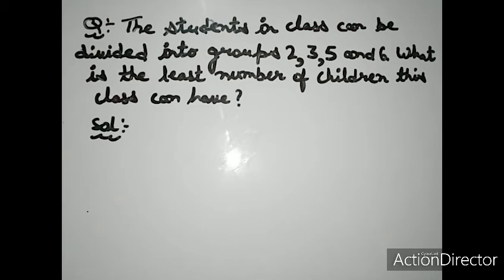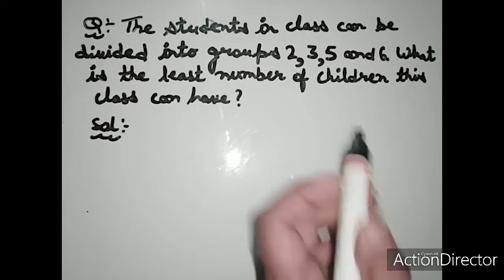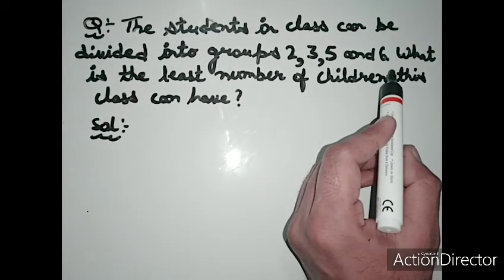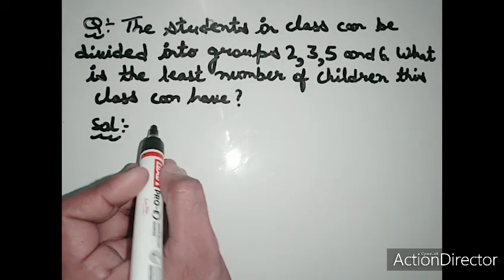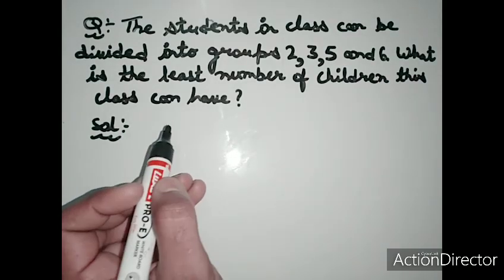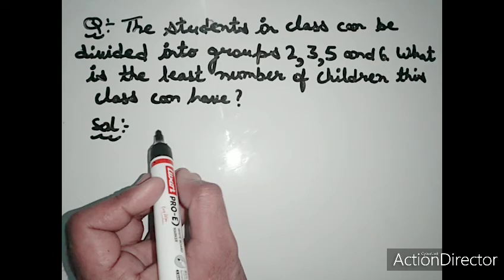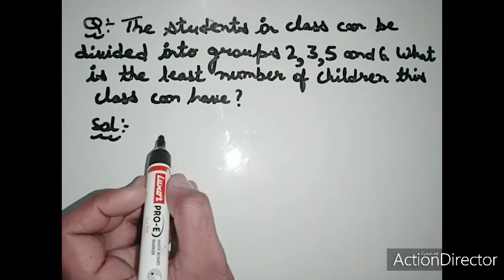Okay, so what we do here: the least number of children in the class is the LCM of 2, 3, 5 and 6. To find their LCM, we follow the common division method.